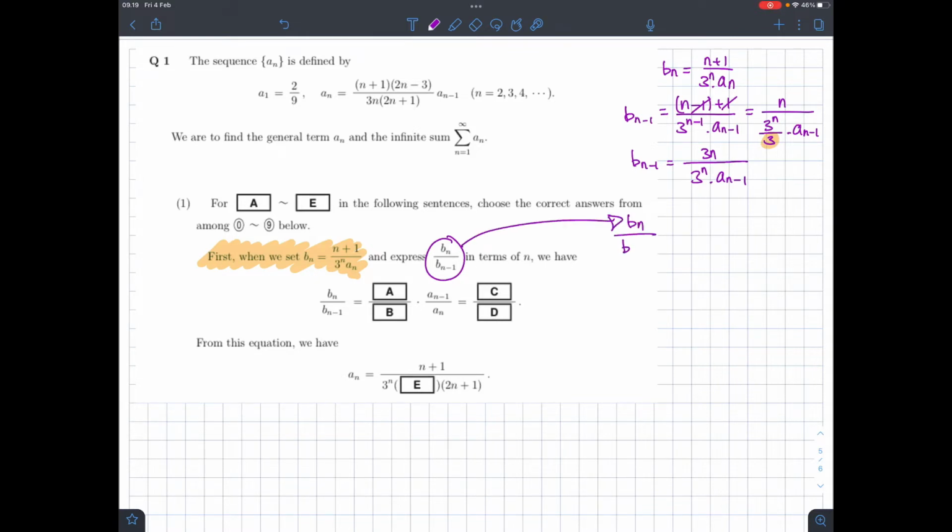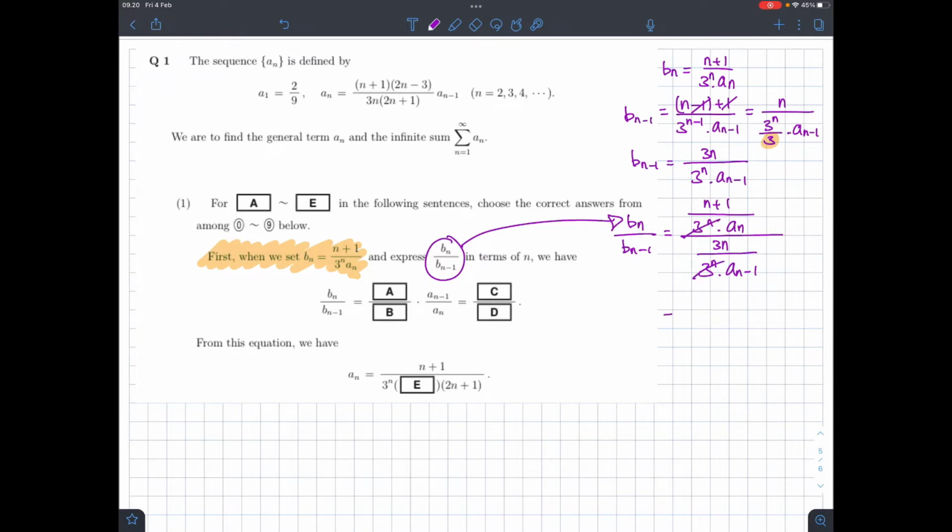Bn over bn minus 1: we have bn here and we have bn minus 1 here. Just substitute n plus 1 over, and we cancel out this part.